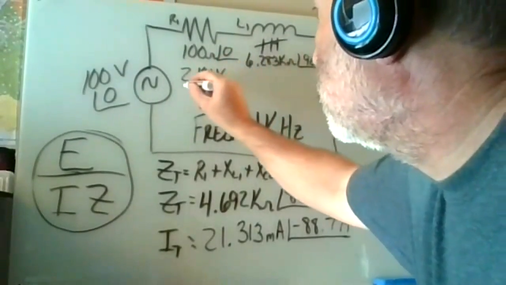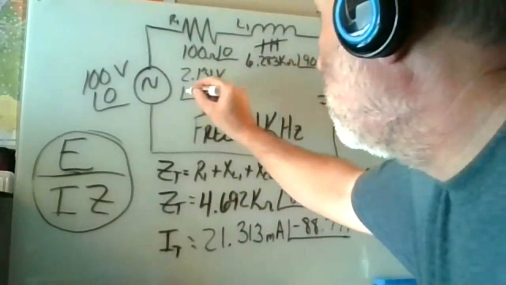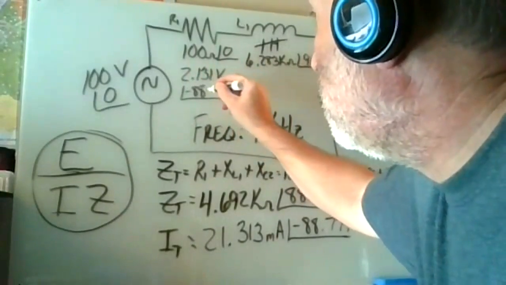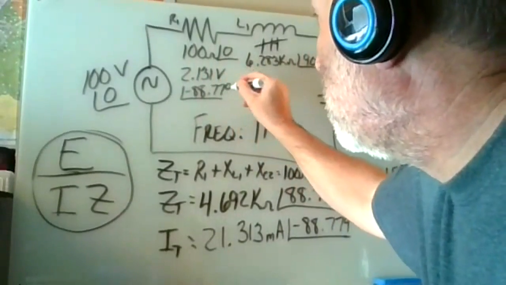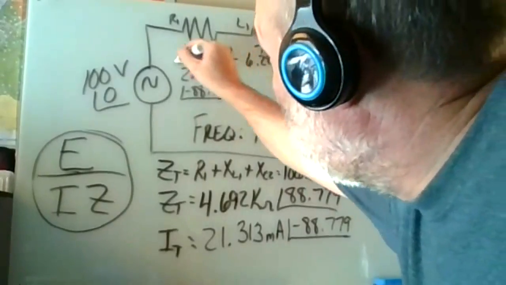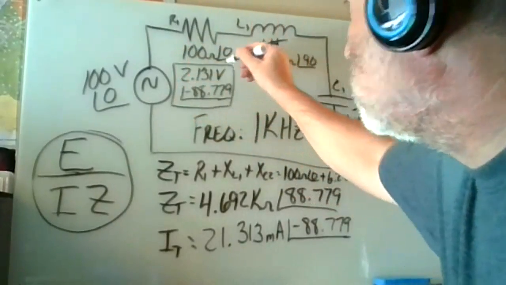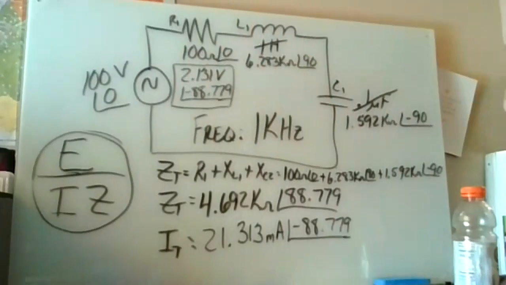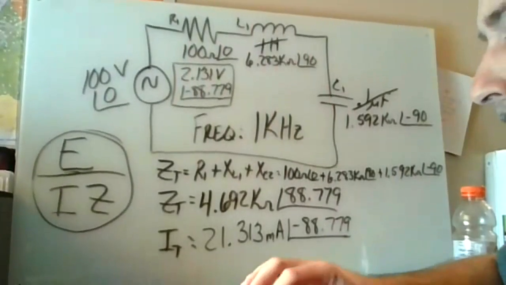2.131 volts at an angle of negative 88.779. So that's my voltage drop across my resistor. And then I'm going to do the same thing for the rest of them.